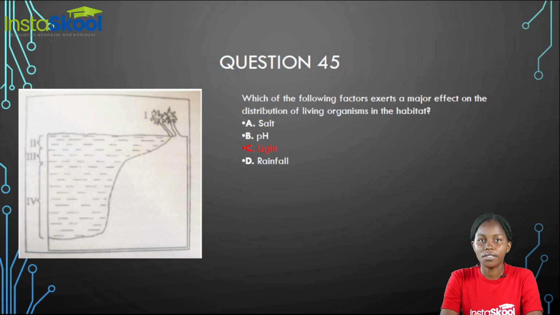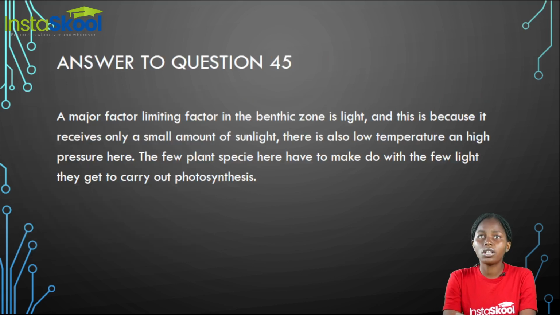So question 45. Which of the following factors exert a major effect on the distribution of living organisms in this habitat? One of the major limiting factors in the benthic zone of the aquatic ecosystem is light, because the benthic zone can only receive a small amount of sunlight, and also there is low temperature and high pressure in this zone.